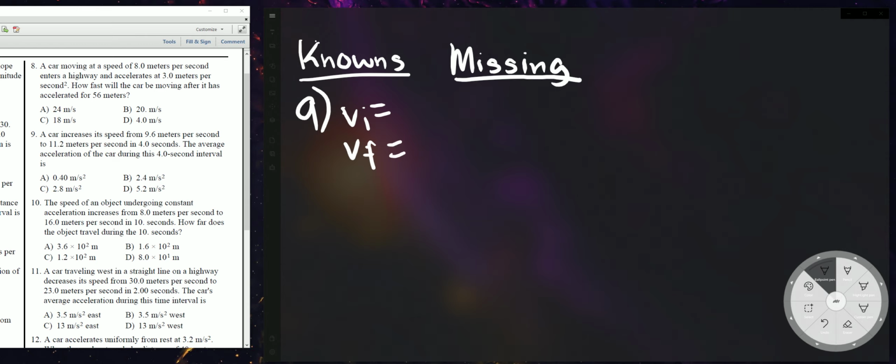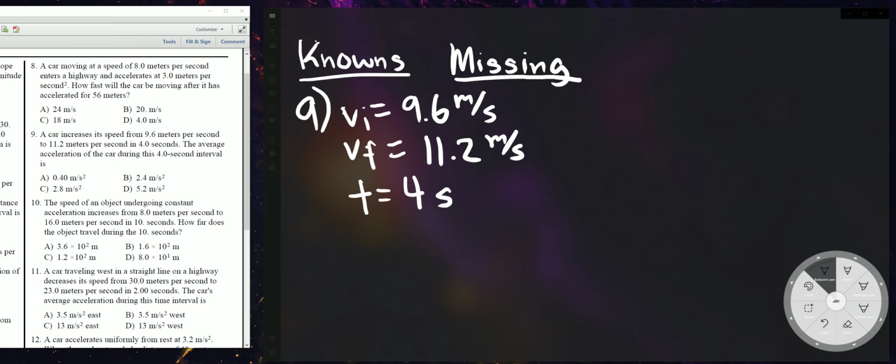Initial velocity is going to be 9.6, final is 11.2, and it says in 4 seconds, so you know t is going to be 4 s. The problem wants you to find the average acceleration of the car during this 4-second interval. It wants you to find out what your acceleration is.